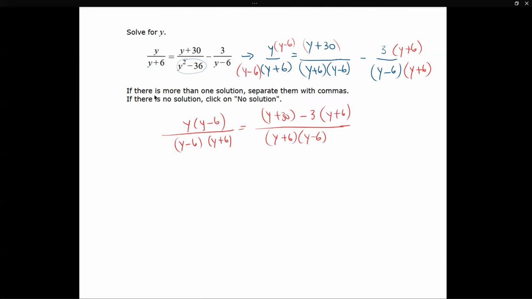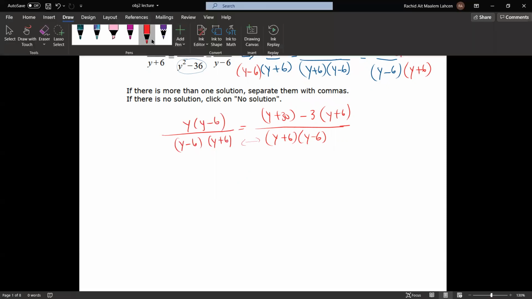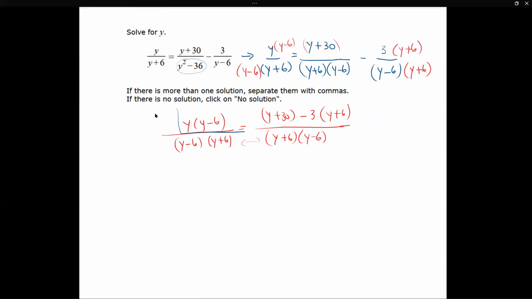Then based on the first example, we say that if the denominators are equal, then the numerators are equal, right? So these are equal. Because it's not possible for these two to be equal unless the numerators are equal. So that simplifies to y times y minus 6, y plus 30, y minus 3 times y plus 6.